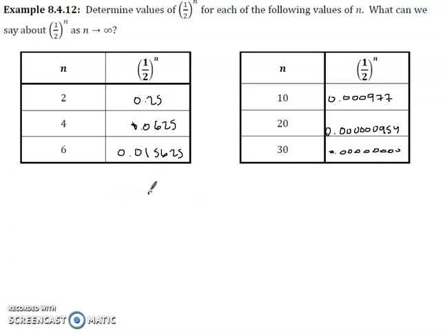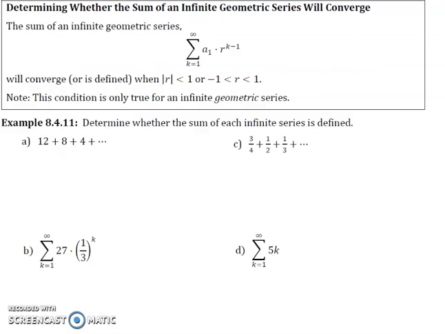If we are multiplying by a value of 2, for example, when I increase the exponent on 2 to the n, I would have 2, 4, 8, 16, 32, and as I'm adding these values, they are actually growing infinitely. So we won't be able to find a particular value to which that series converges. But here, if our multiplier is between 0 and 1, then we can find a value to which the series will converge.